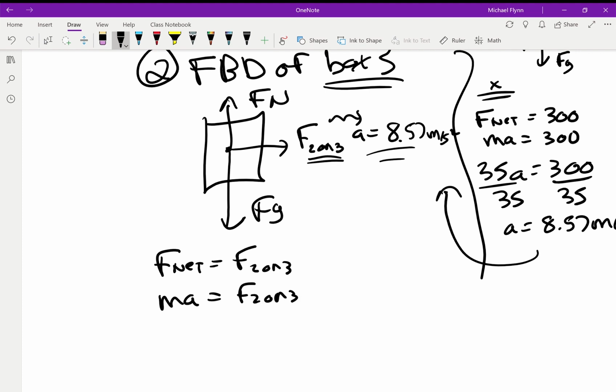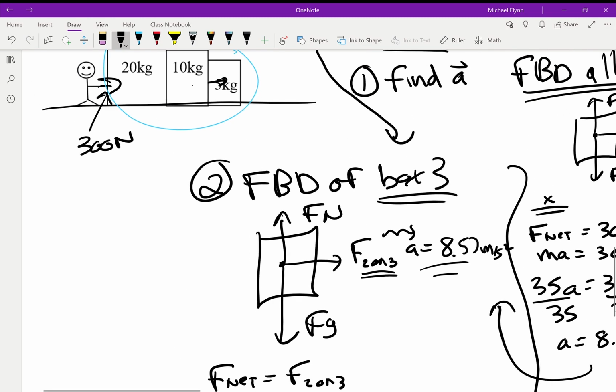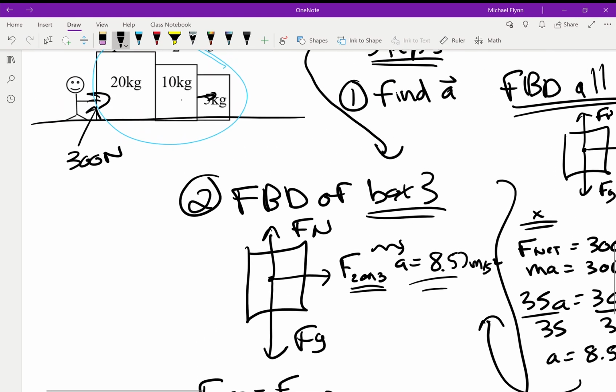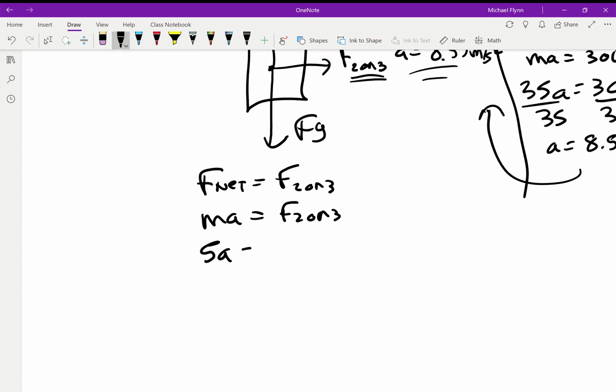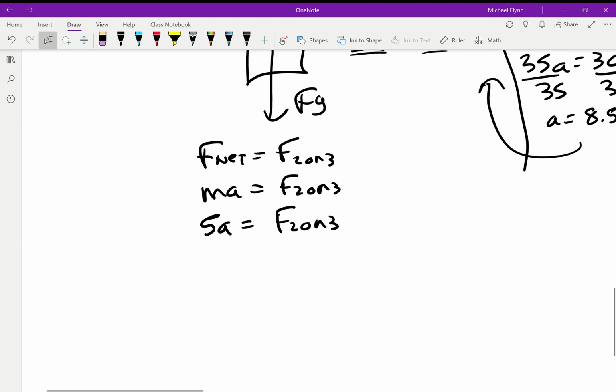But now this is just a free body diagram of box 3 only. So its mass is 5 kilograms, right? That's the mass up there. So 5a equals the force of 2 on 3. So now what we do is just put in 8.57 for the acceleration, and we have our answer.